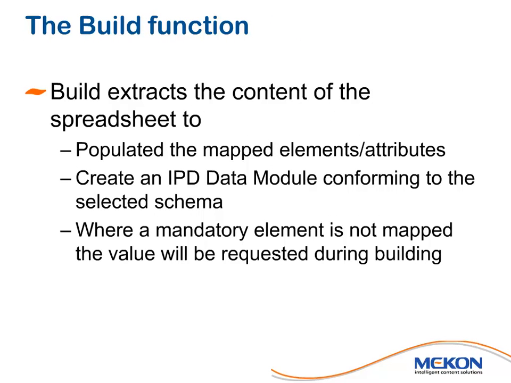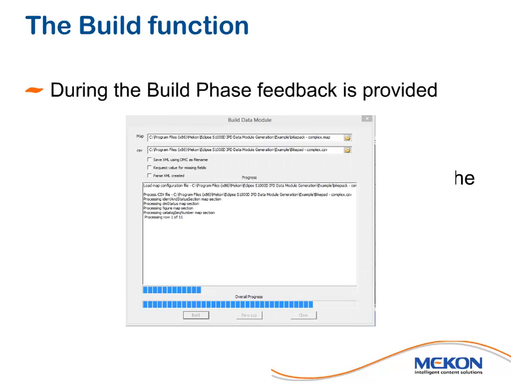The build or generate function takes the content of the mapping file, uses that information to extract the data from the CSV spreadsheet and create the IPD data module. It will extract the necessary information, and where a mandatory element is not mapped, the value will be requested during the build function. Clearly, you can't just sit there wondering if anything's happening when you're doing the build, because it can take quite some time.